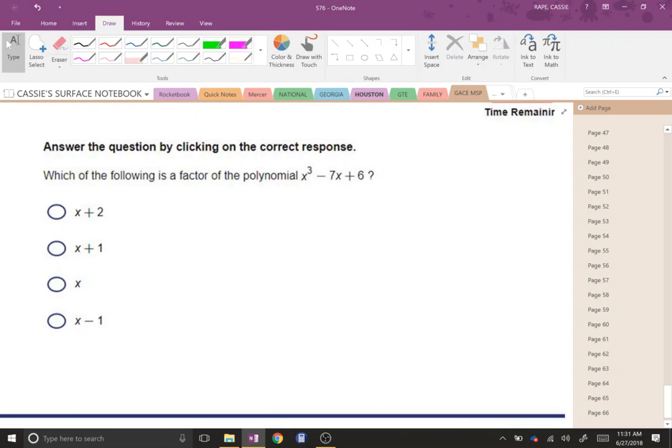I want to show you the way that you would do it if you did not have a graphing calculator. This is called the rational root theorem.